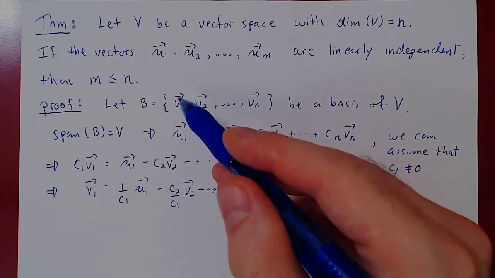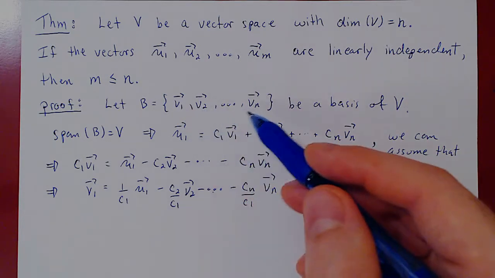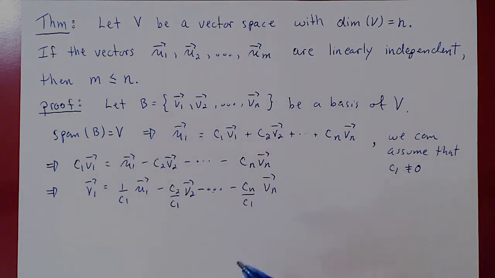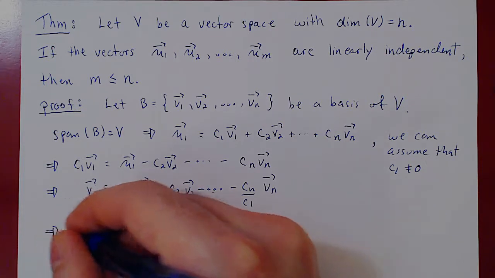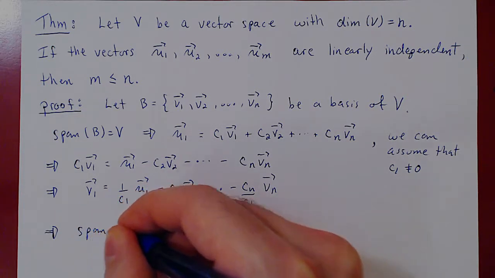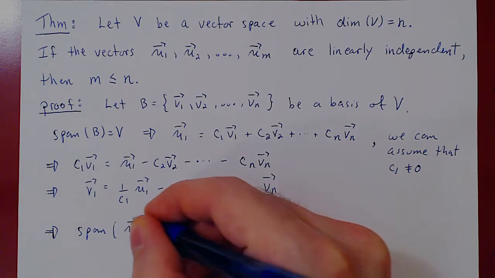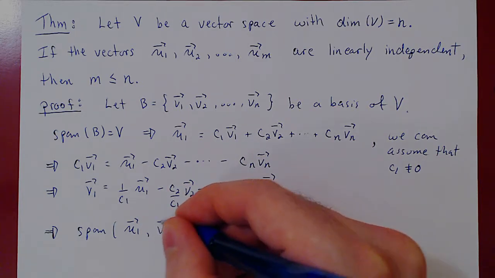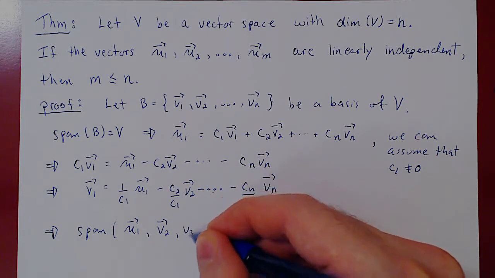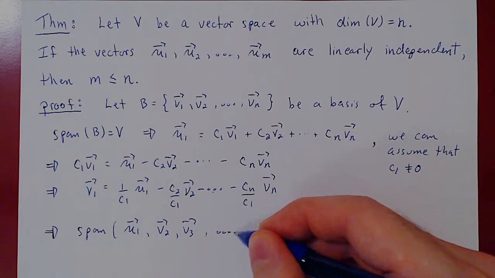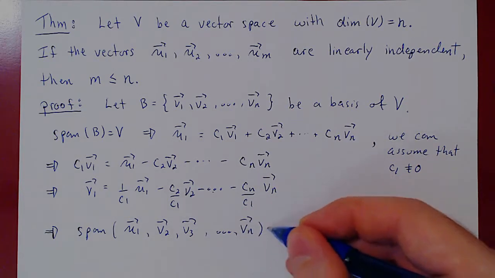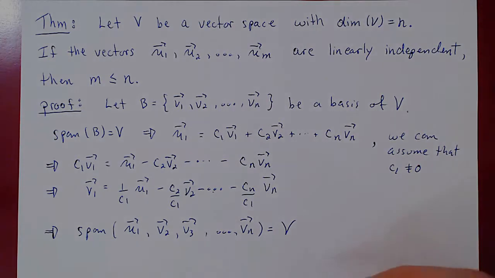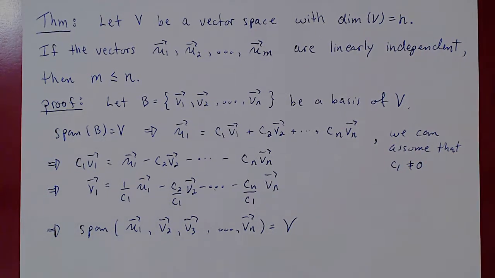And so the span of u1, v2 up to vn will also be equal to V. And that is a copy paste of the argument we used in proving that any two bases of a vector space must contain the same number of elements.